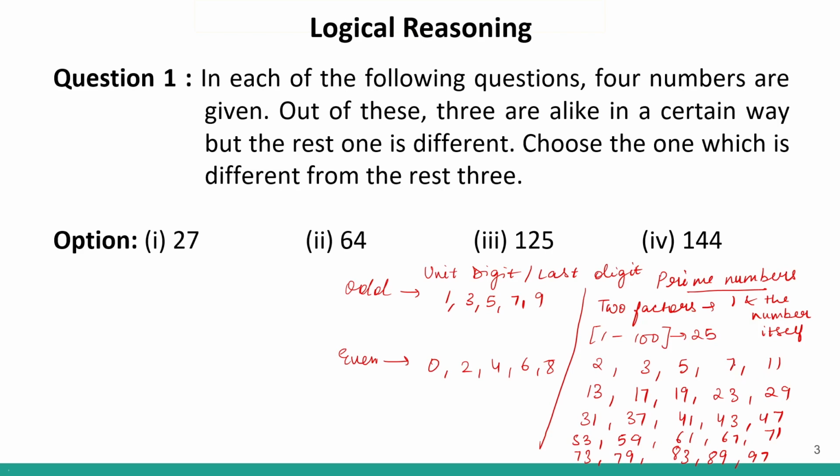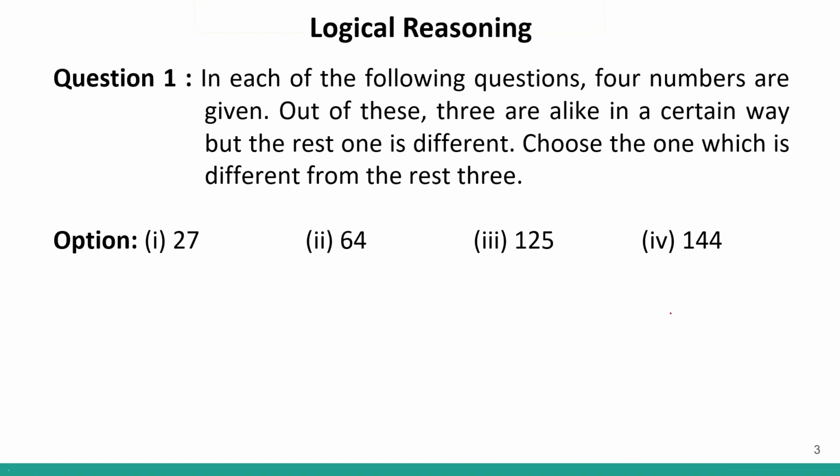Then I told you to remember the squares and the cubes of certain numbers. I am clearing the slide, but take a look at the prime numbers. I'll write the squares first.